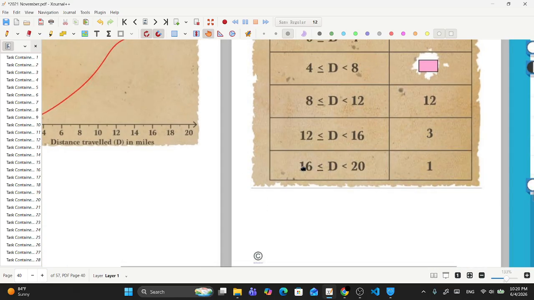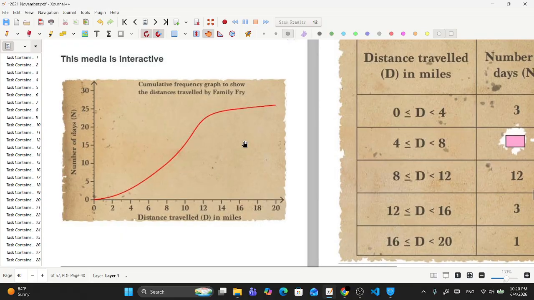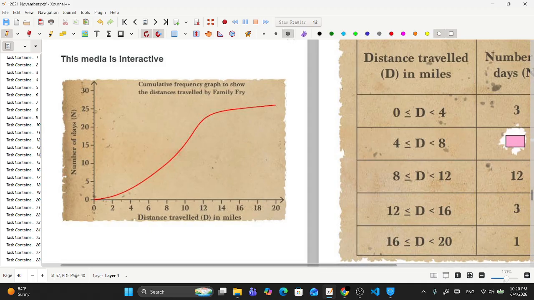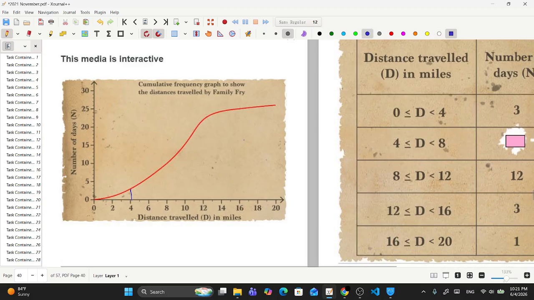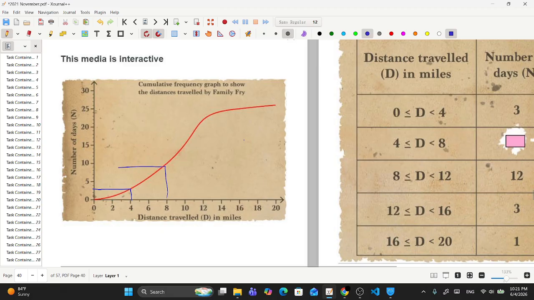Sorry, guys, this is problematic for some reason. From 0 to 4, it's 3, if you look at it here. So 4 to 8 would be, no, I just took it way above. I did not even start from the right part.